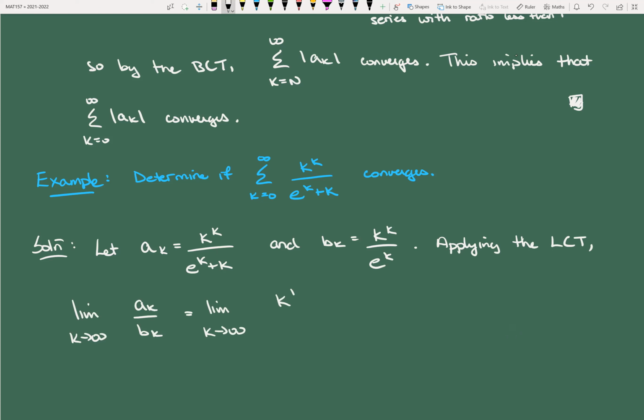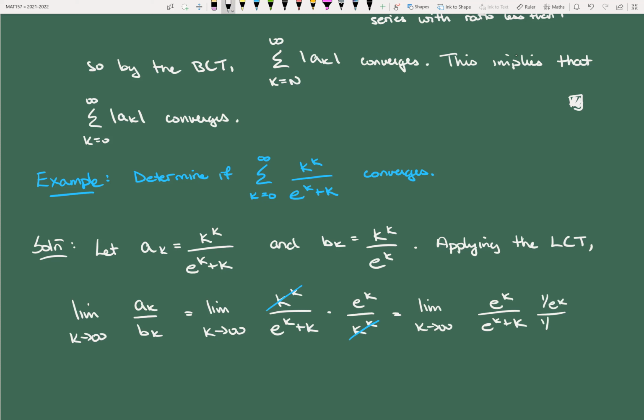So what is this going to be? This is k to the k over e to the k plus k, times e to the k over k to the k. So the k to the k is just going to cancel out. We're going to get e to the k over e to the k plus k. Even though these aren't rational polynomials, we can do the same sort of trick where we multiply and divide by 1 over e to the k.